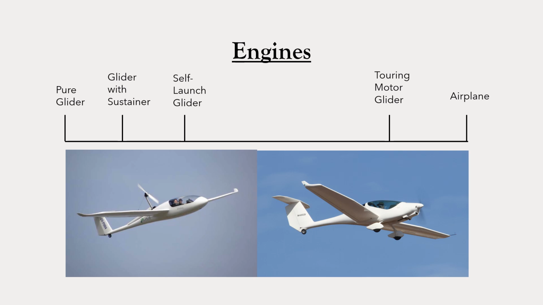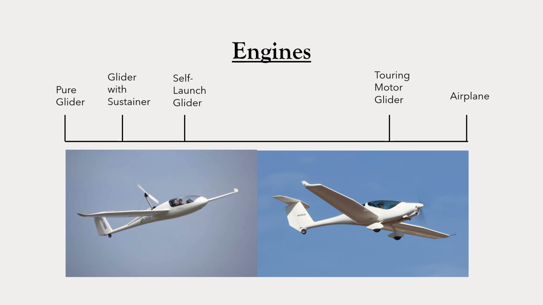It isn't as capable as a glider as a self-launcher or a glider with a sustainer is, but it is more capable of doing airplane type things. The landing gear is usually similar to airplane landing gear, so that it can be maneuvered around on the ground in an airplane kind of manner.